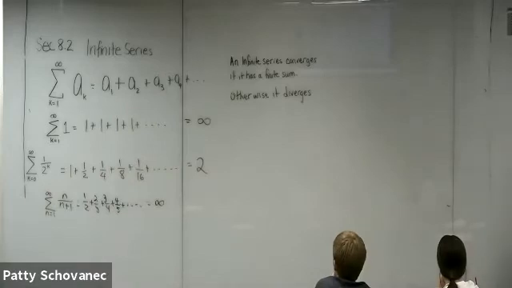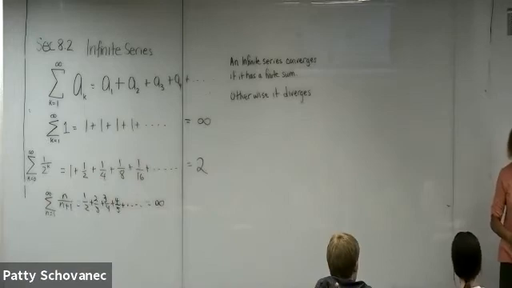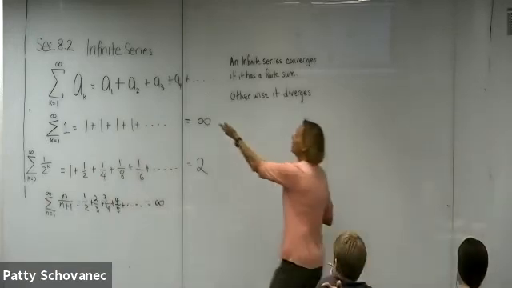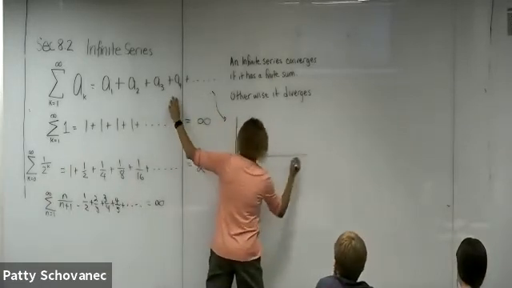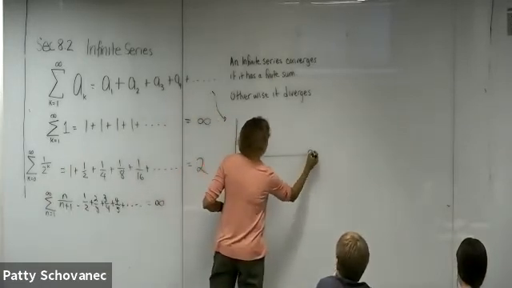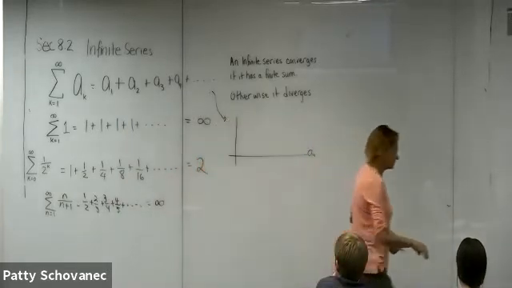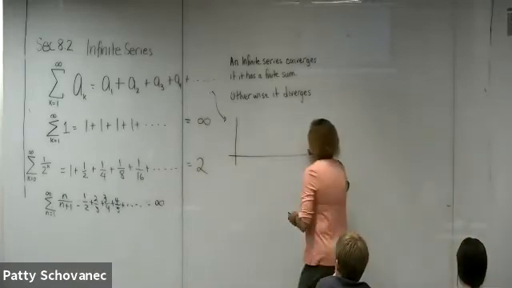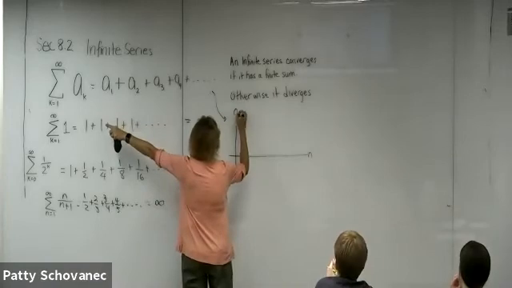So I want you to envision a series not just as the dots that a sequence produces, but maybe the y values or the heights of those dots. So let me diagram this. I've got my counting numbers, n, here, and then the general terms here.